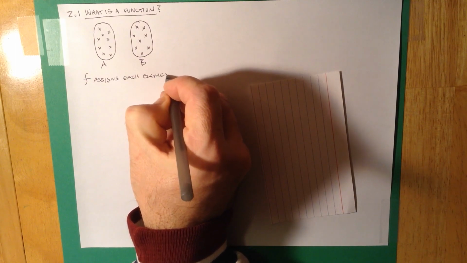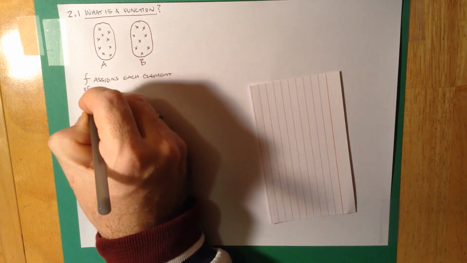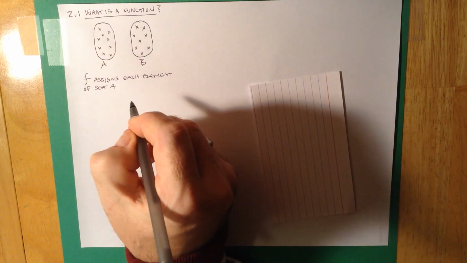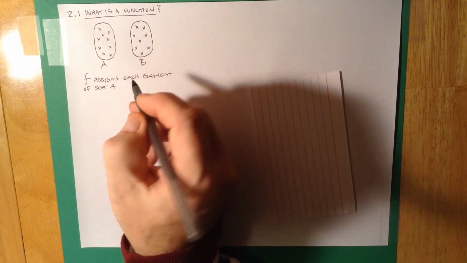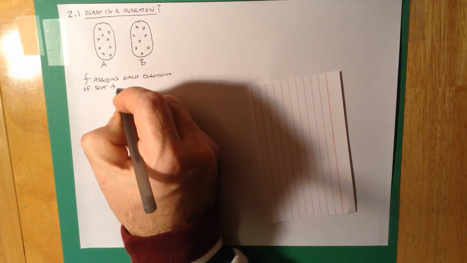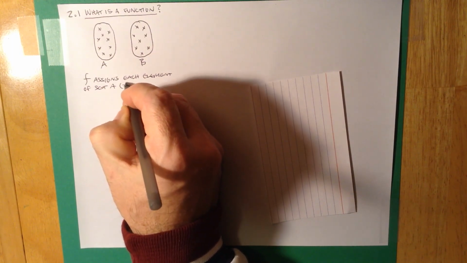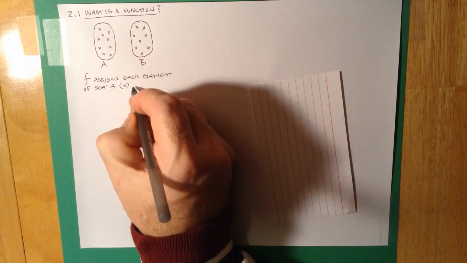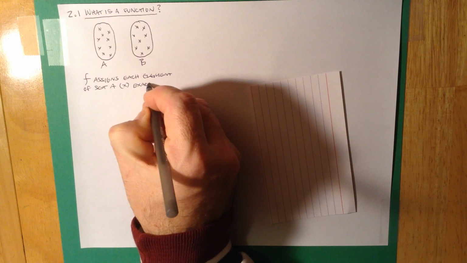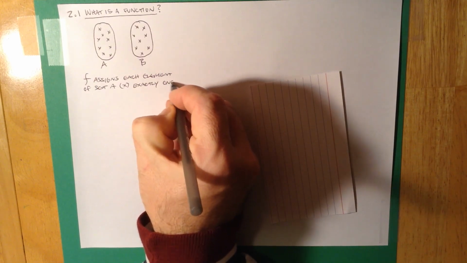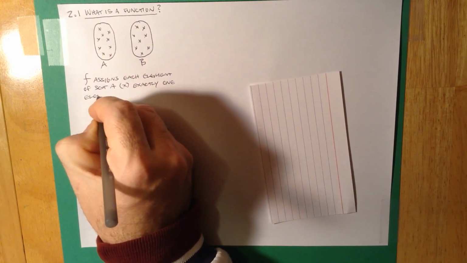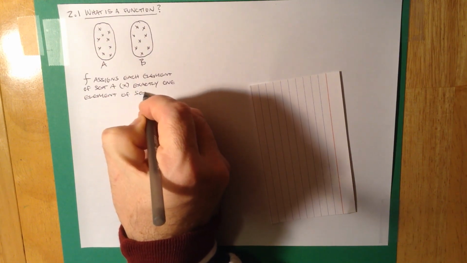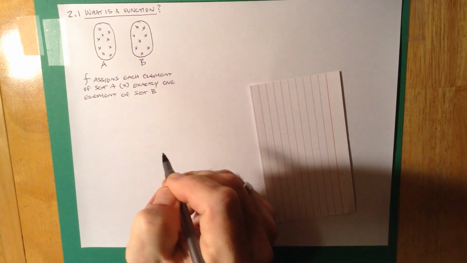This is important enough that we need to write down. Which we could call each of the elements in set A, we'll call those x. Okay? It assigns to each element of set A exactly one element or one component or one member of set B. Okay?